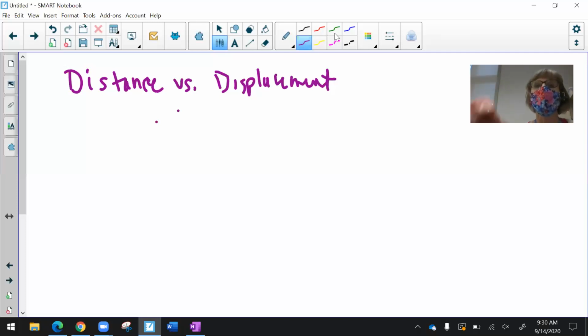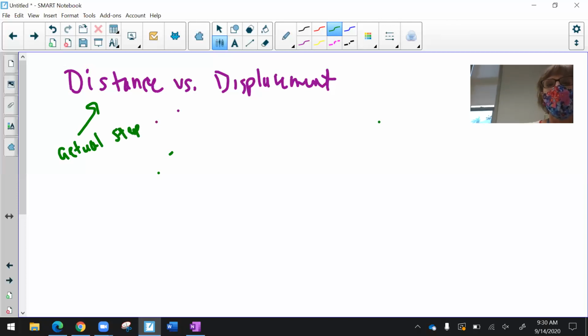So distance, I like to think of it as the number of actual steps, okay? And the displacement is basically a line between where you start and where you end.